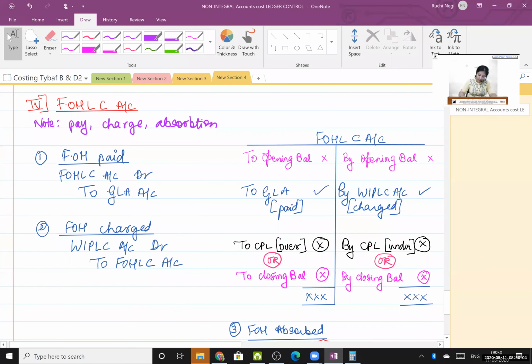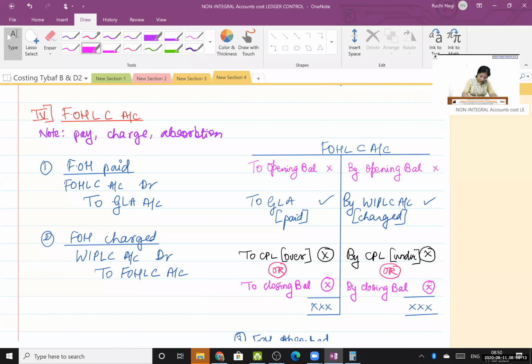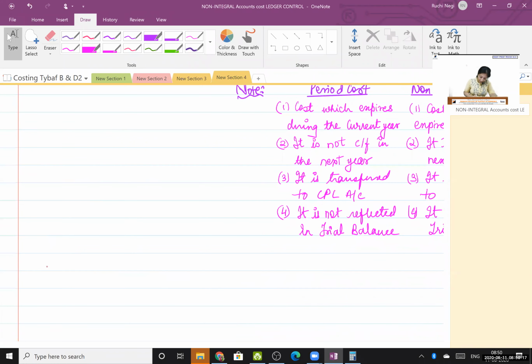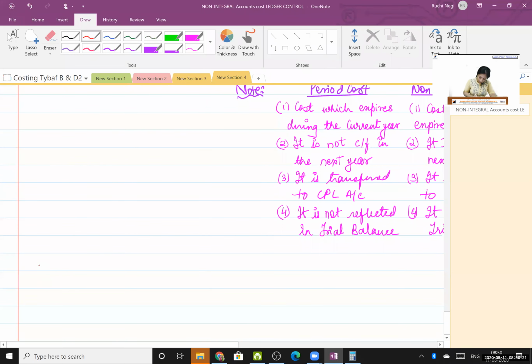So next it is admin overheads. Same logic, right? Admin overheads. Yeah. Fifth one, admin overheads. Admin overheads, ledger, control, account.